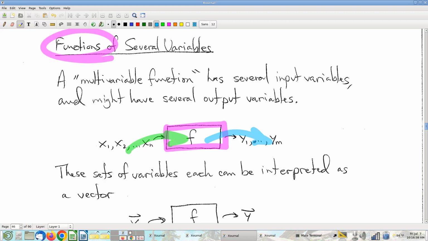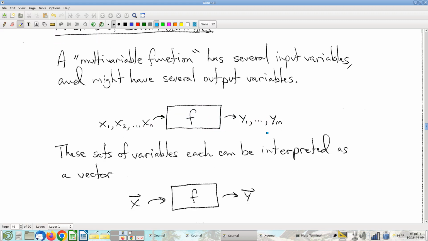Okay. All right. Now, with that in mind, let's talk about a multivariable function. So, again, a function is this box. Multivariable just means that there are several input variables instead of just a single input variable. That's the main difference right there. It's just that instead of a single number going in, several numbers go in.